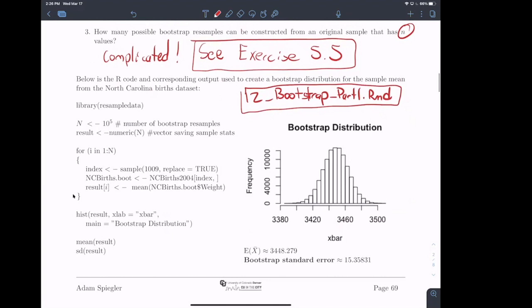So here's the code to generate this bootstrap distribution over here. The first thing we want to do is call in our data, right? Library resample. And then it seems to start off pretty similar to permutation resamples.